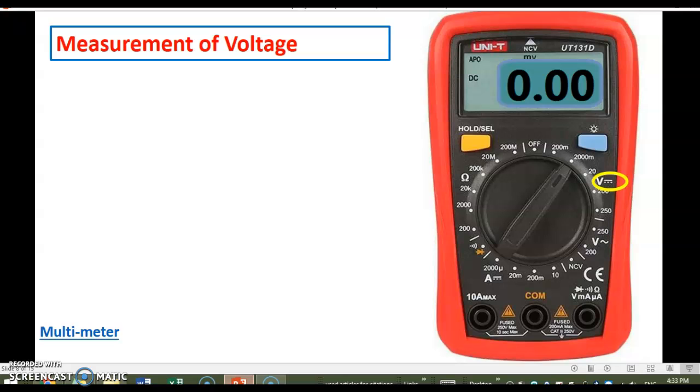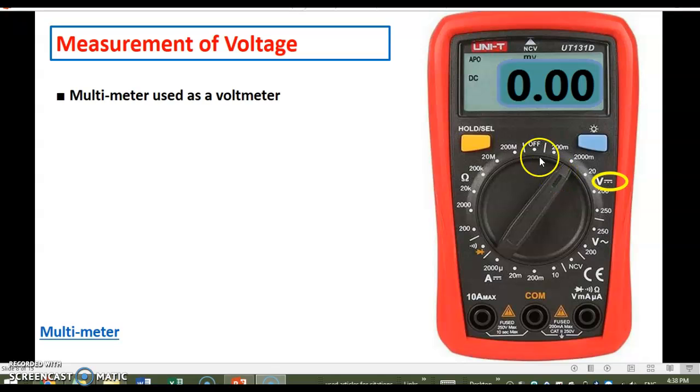Now, measurement of voltage. Multimeter is used as a voltmeter. So for the electric current, we discussed that the multimeter could be used as an ammeter if the scale is adjusted in this range where the unit is ampere.